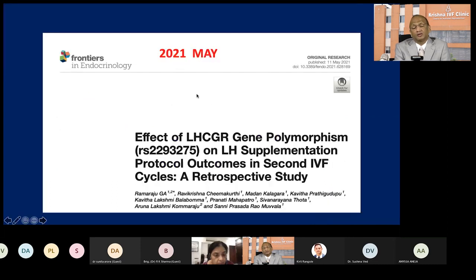That is what the current study, published on May 15th, 2021, examines: the effect of LH-CGR gene polymorphism. The RS is a new nomenclature that is coming in because the old one was producing a lot of confusion. So, in future most of the nomenclature will be based on RS numbers, here rs2293275, on the LH supplementation protocol, a retrospective study.